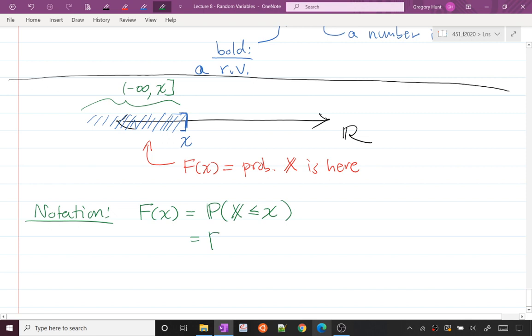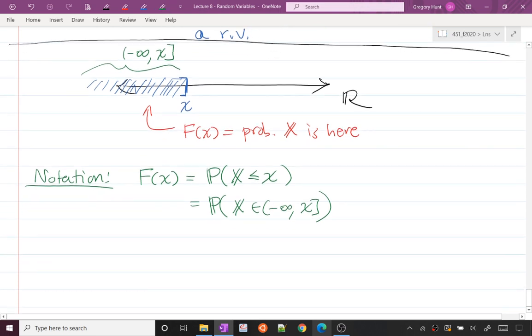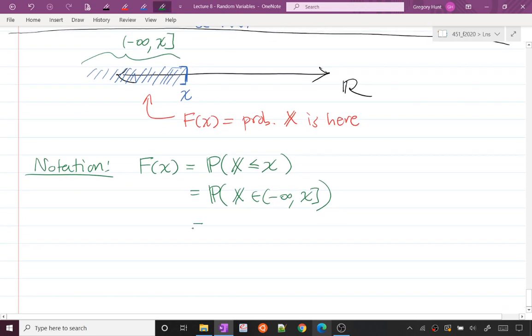Well, I mean it specifically in this half open interval. That probability that x, a random variable, is in this half open interval. And we know what that means now. We know how to interpret the probability that x is in that, technically the inverse image of the set.